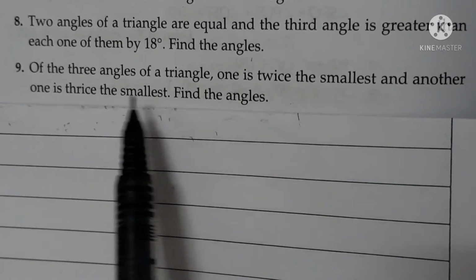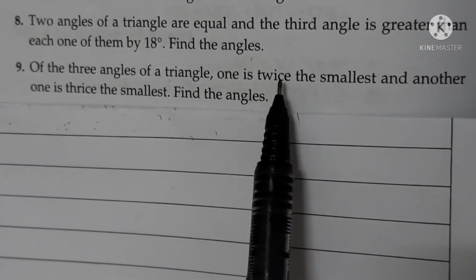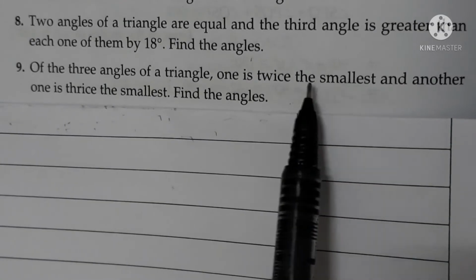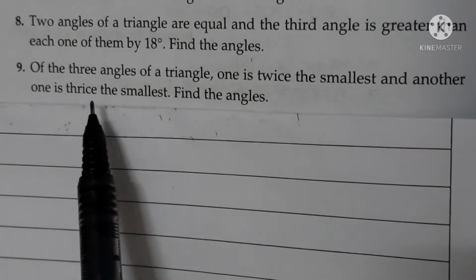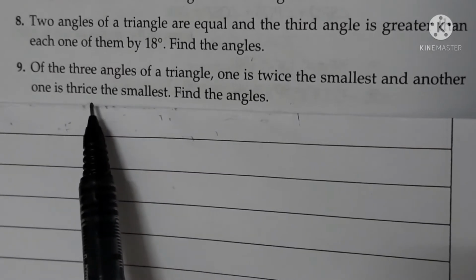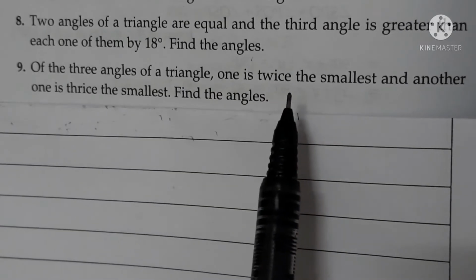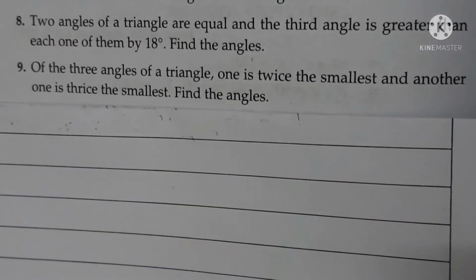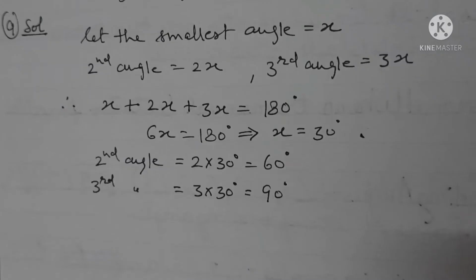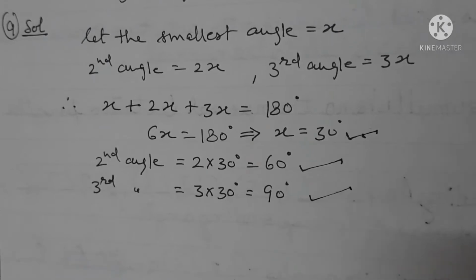One is twice, it means the second angle will be 2x, and another one is thrice the smallest, meaning the third angle will be 3x. So the sum of these angles will be 180 degrees, and solve the value of x, then you will get each angle. See the solution here. This is the first angle, this is the second angle and the third angle.